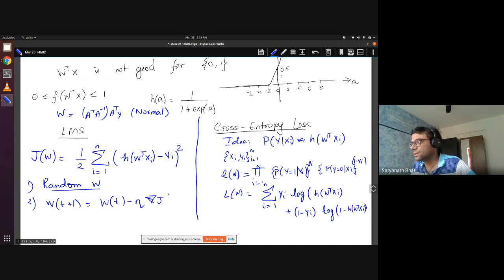I should write all this a little more calmly. So this is the log likelihood. I have taken just the log.